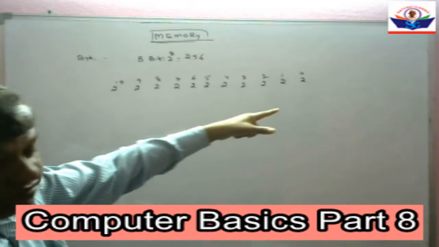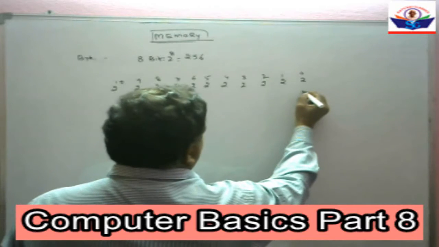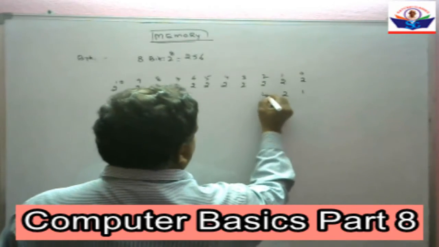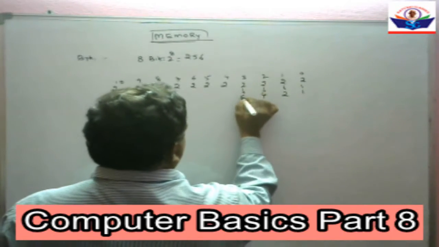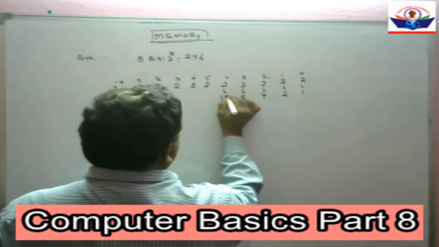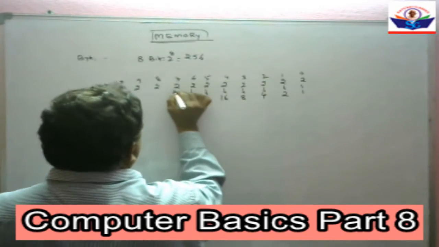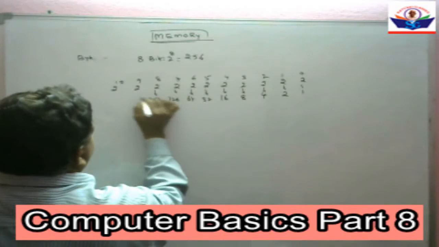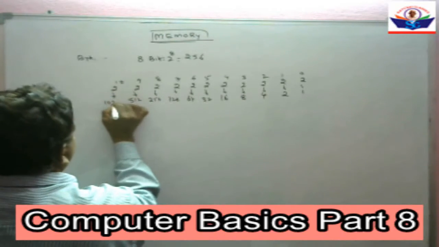Yesterday we discussed this in the series method: 2 power 0 is 1, 2 power 1 is 2, 2 square is 4, 2 cube is 8, 2 to the power of 4 is 16, 2 to the power of 5 is 32, 2 to the power of 6 is 64, 2 to the power of 7 is 128, 2 to the power of 8 is 256, 2 to the power of 9 is 512, and 2 to the power of 10 is 1024.